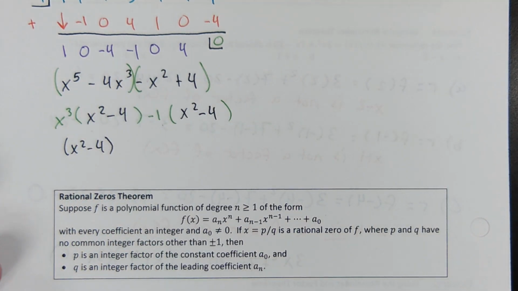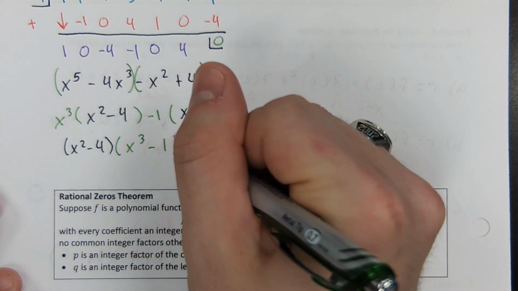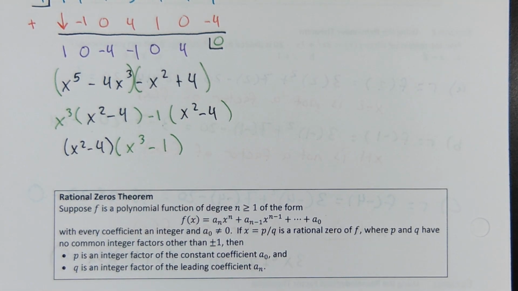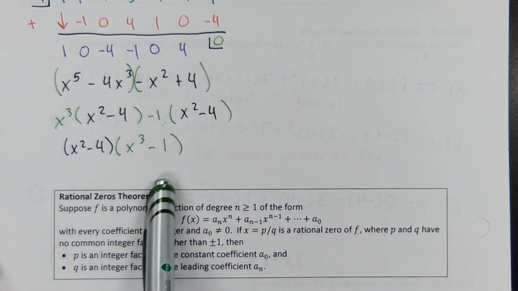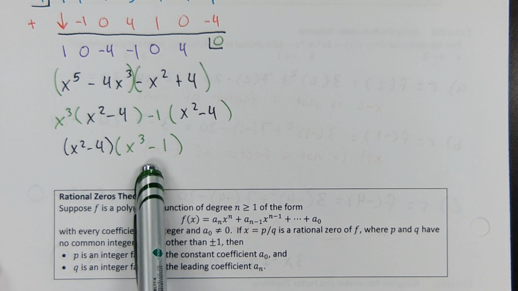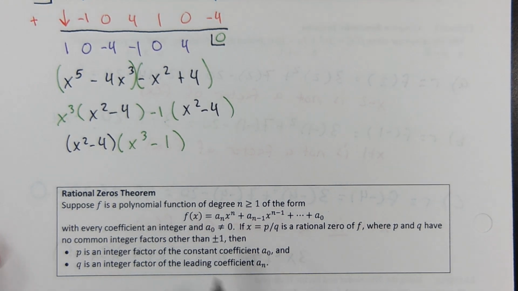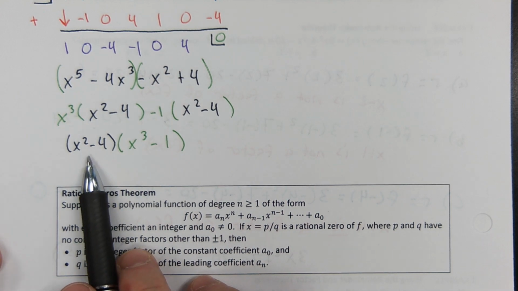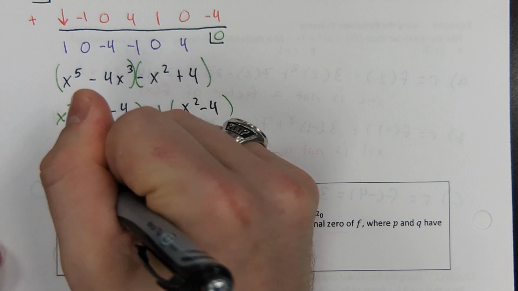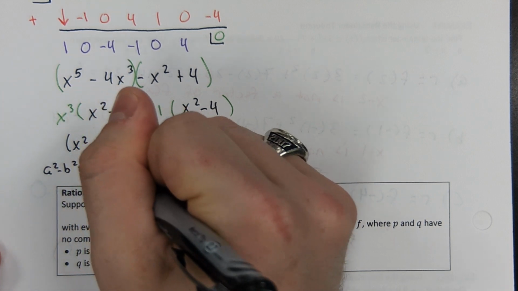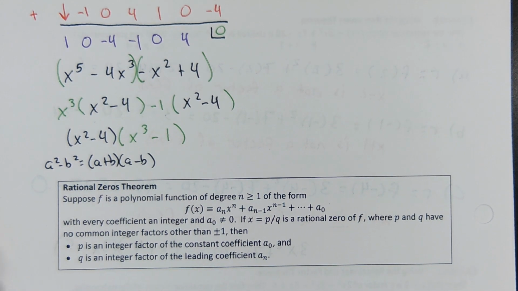And when I do, the green objects that are left behind are x to the 3rd minus 1, and oh my goodness, a special case and a special case. How about that? This one is a squared minus b squared, where hopefully you can see that a is x and b is 2.